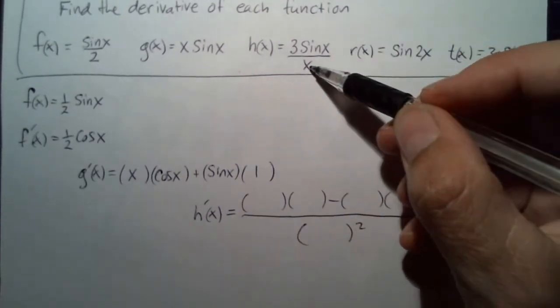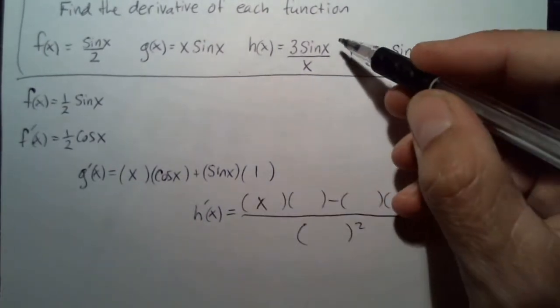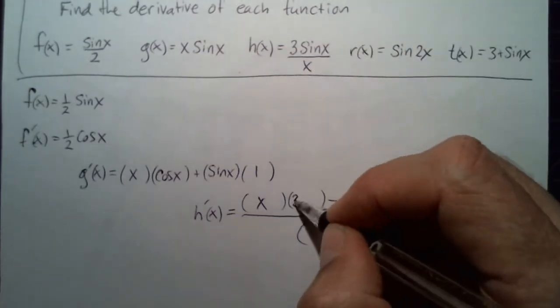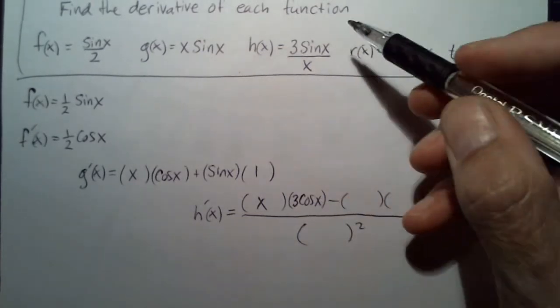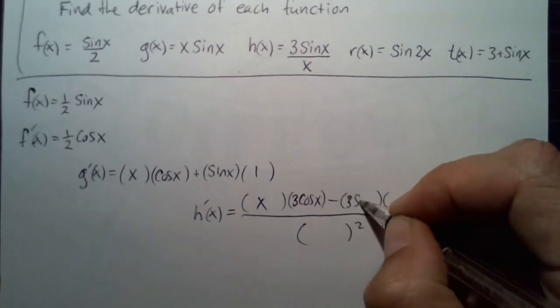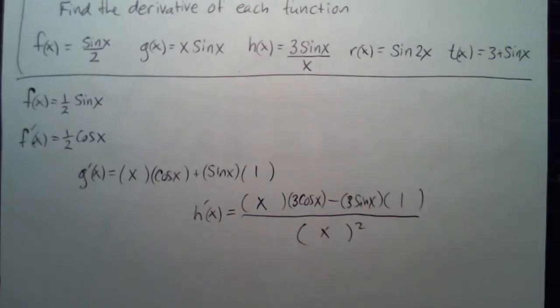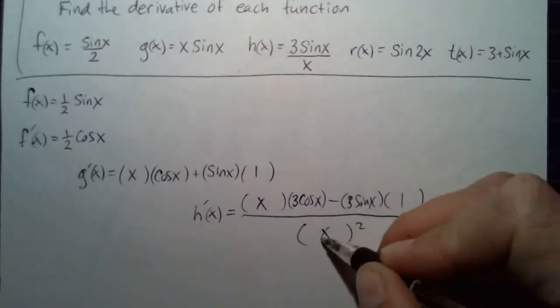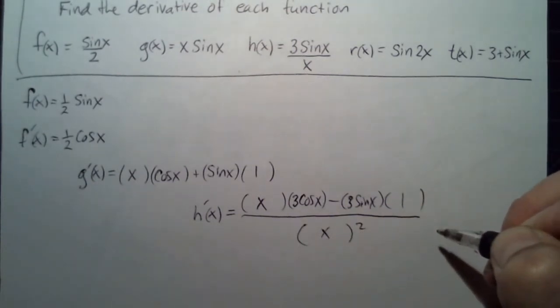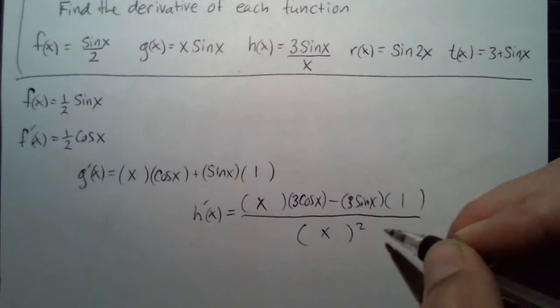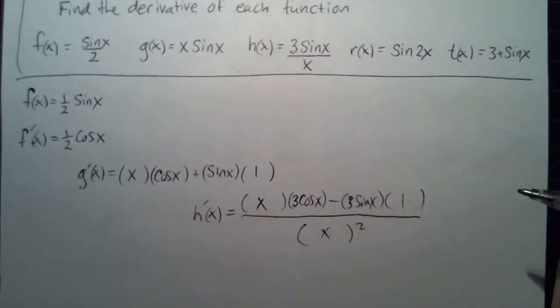Where we go low d high, minus high d low, over low times low, low squared, the denominator squared. And that's the derivative. We can just rewrite it without parentheses.